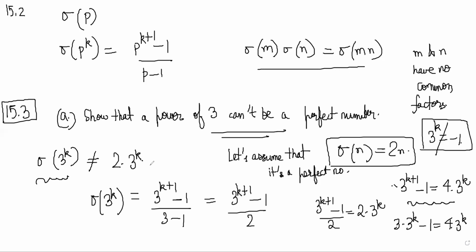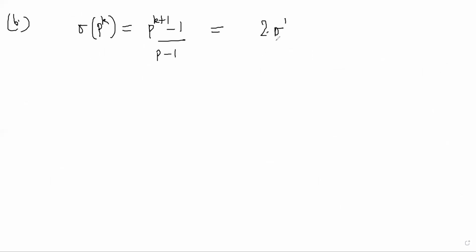Let's look at B. B part is trying to tell you that if P is an odd prime, show that P power K can never be a perfect number. So a more general case: sigma of P power K will be equal to P power K plus 1 minus 1 by P minus 1, and is equal to 2 into P power K, if perfect.